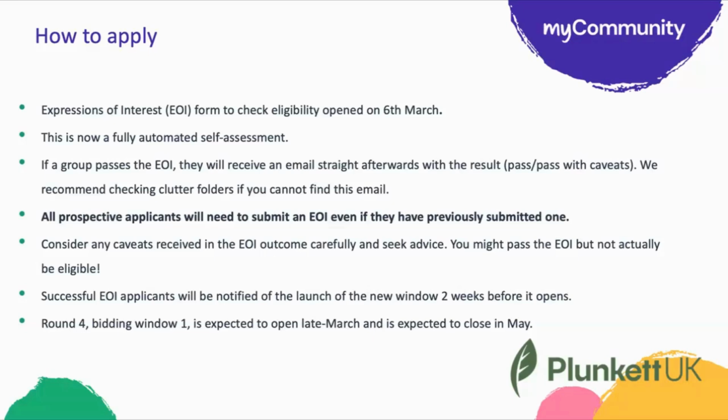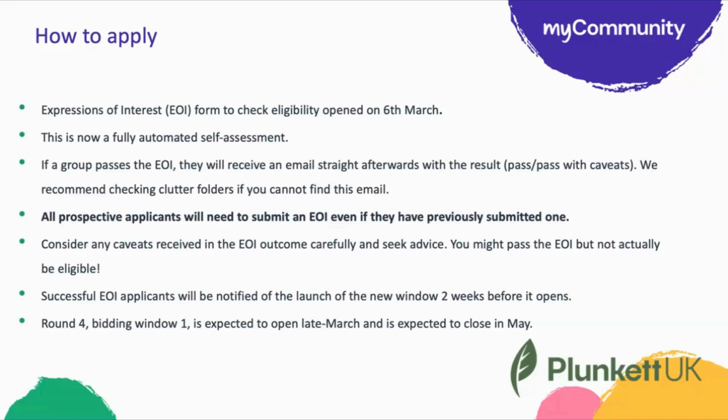And 2 weeks before the window opens, you'll receive an email with a link to the full application form. It's an online form. If you do receive an email that says yes, you're fine, and here's your unique code, look out for the link coming later, and if the email outlines some risks, you do need to take those into account.